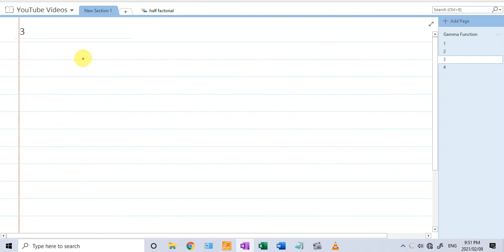So we just proved that minus half factorial is equal to square root of pi, or gamma half is equal to root pi.